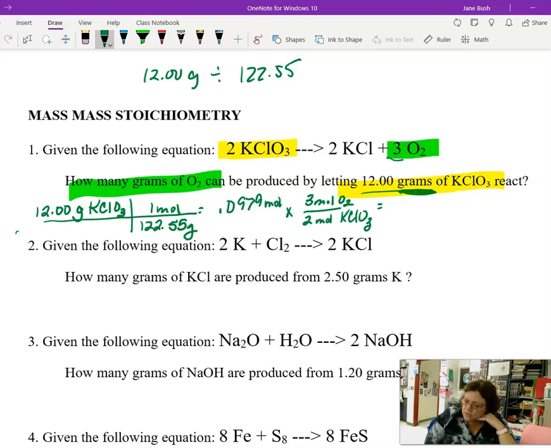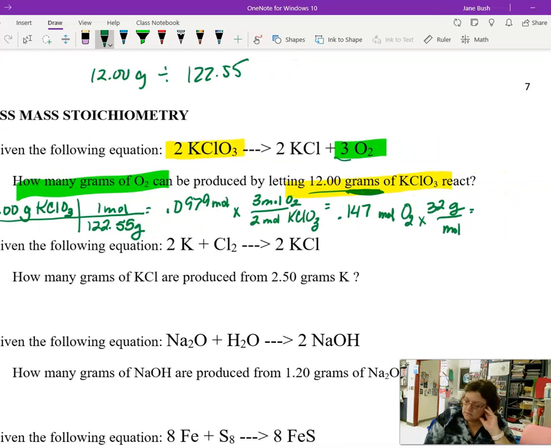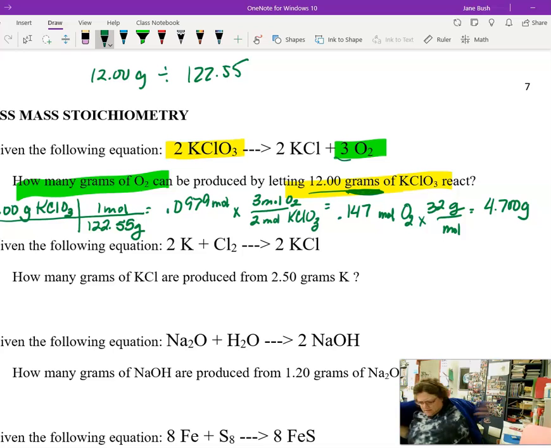When we do that, we get 0.147 moles of oxygen, and then we multiply by the molar mass. So now we're across the bridge, we're getting off the bridge, multiply by 32 grams in 1 mole, and we get 4.700 grams if I've done my math right. And you guys, of course, will tell me if I didn't do the math right once we get to class.